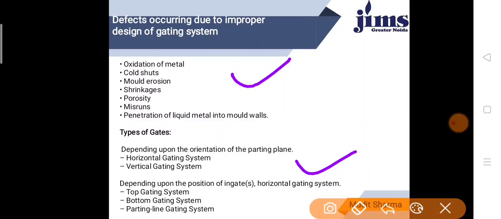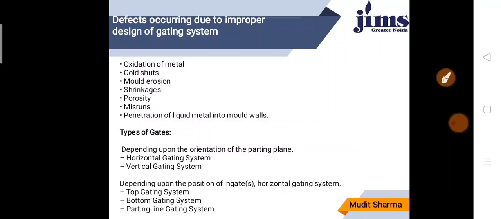Now next is our parting line gating system. As the name indicates, the metal enters the mold at the parting plane, when part of the casting is in the cope and part in the drag.